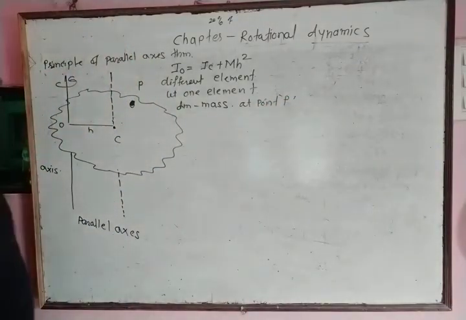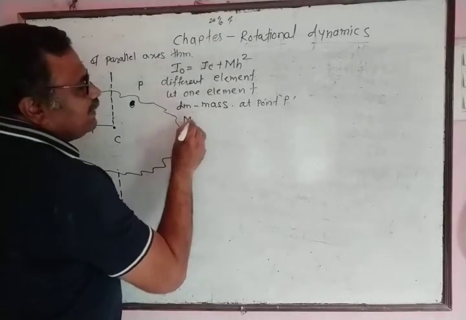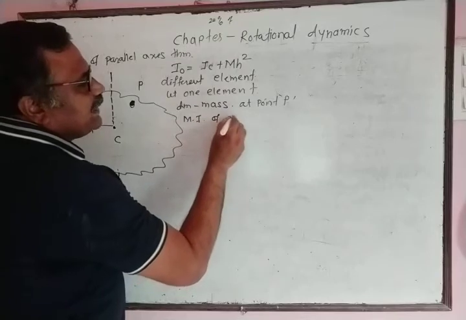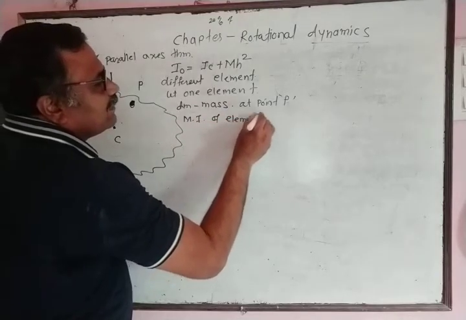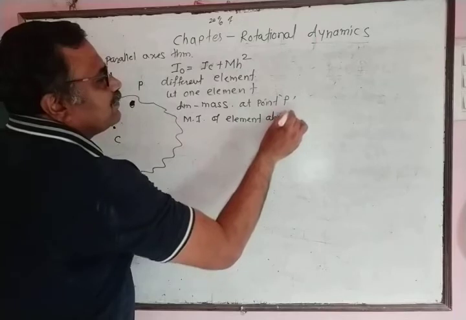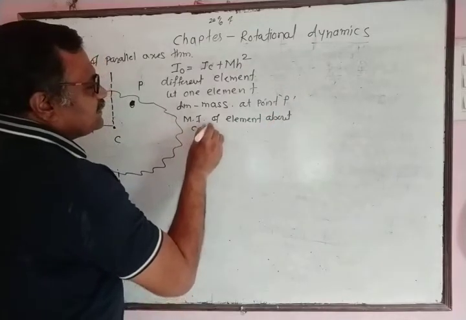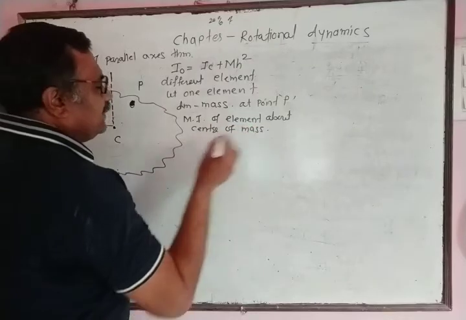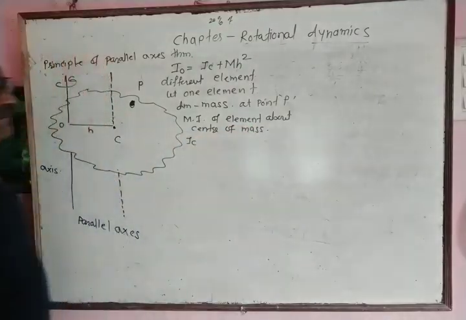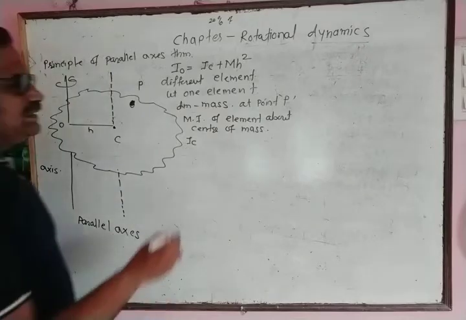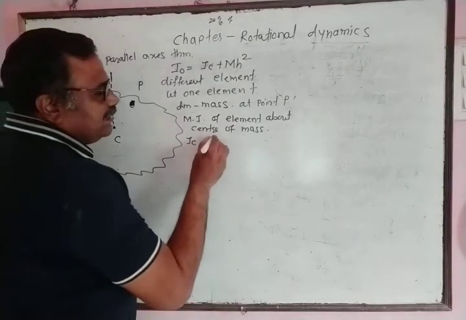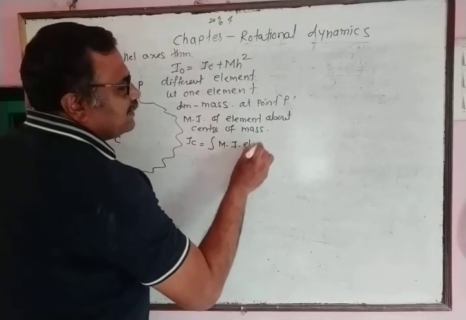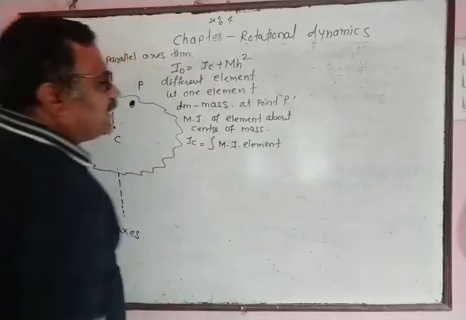Now we calculate the moment of inertia of this element about the center of mass. It is denoted by IC, and this IC is given by the integration of the moment of inertia of the element about the axis of rotation.